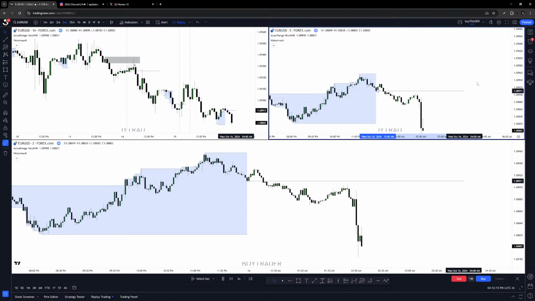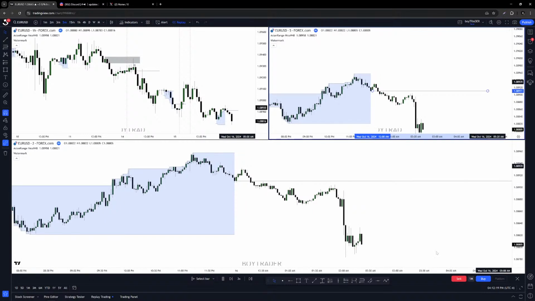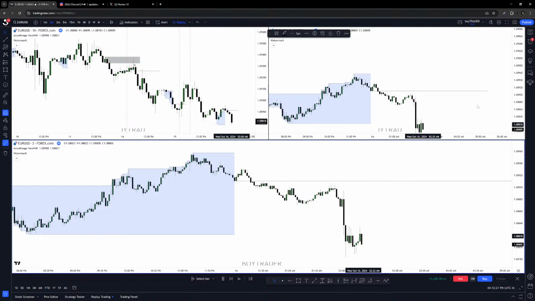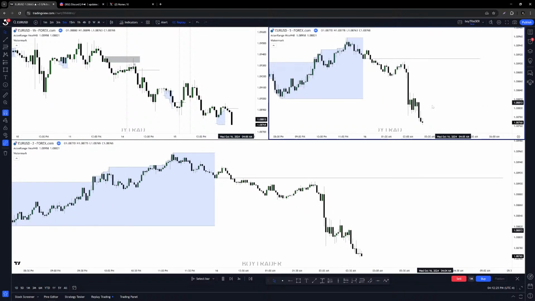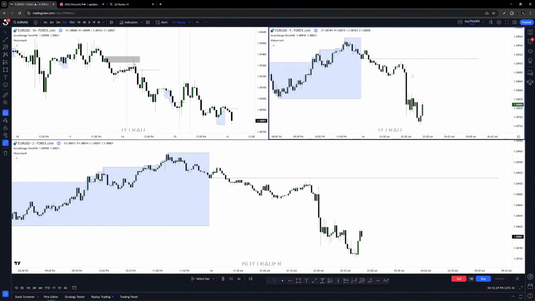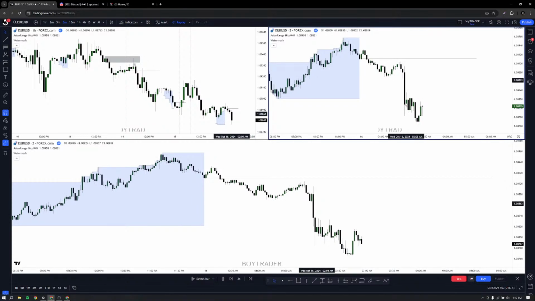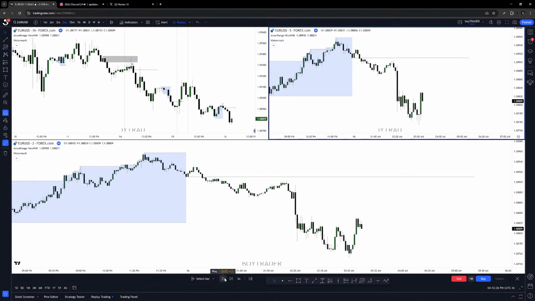What do you have there? That was a news spike, I think it was the 2 o'clock CPI on GBP. All right. So we drop lower. Again. Hold on, let me press it here. We drop lower.